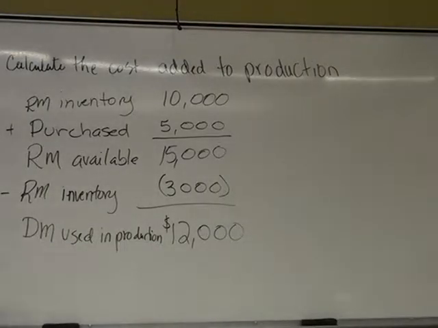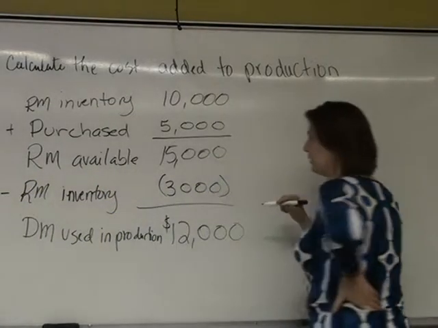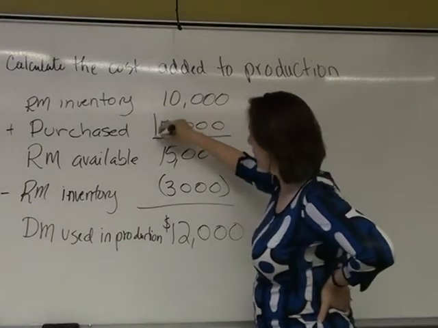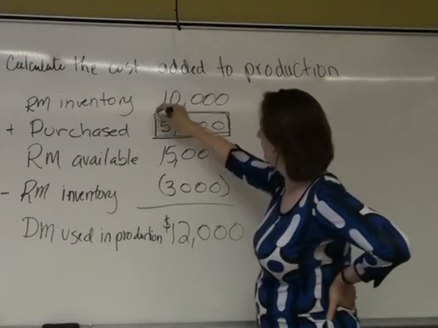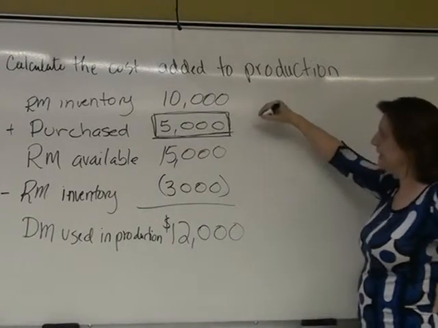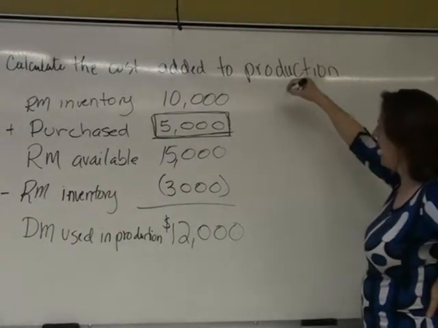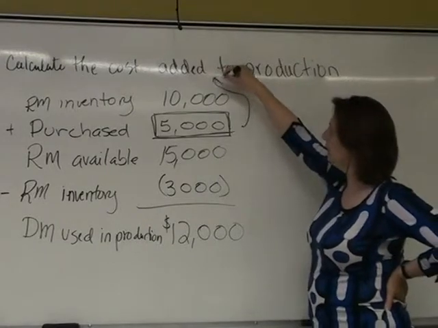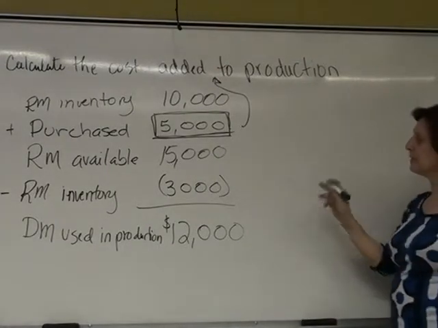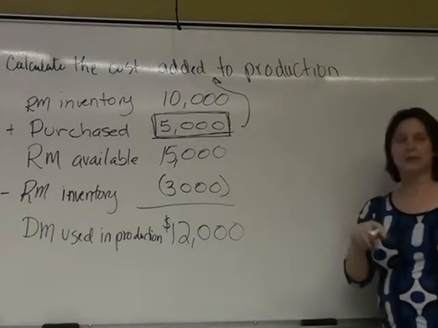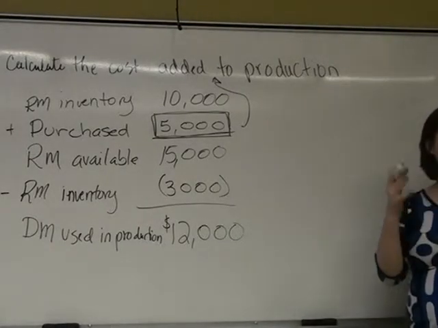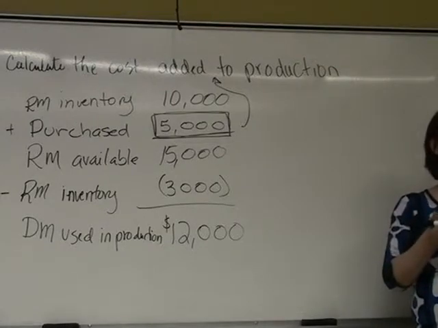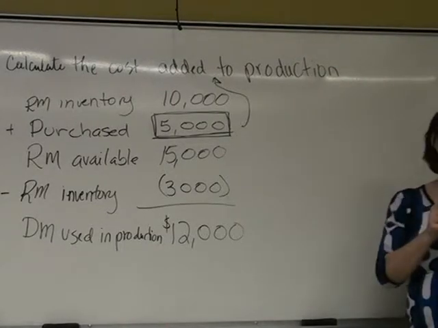Okay. So the question is, if I purchase 5,000, did I add only 5,000 to production? Was the inventory amount important or not important in the calculation of how much material I added to production?